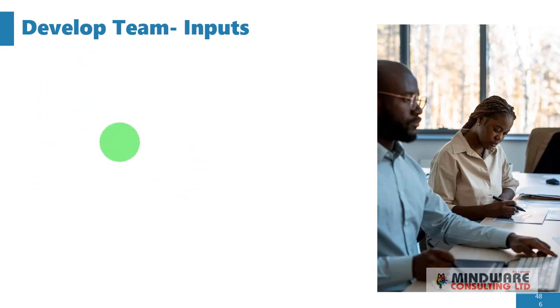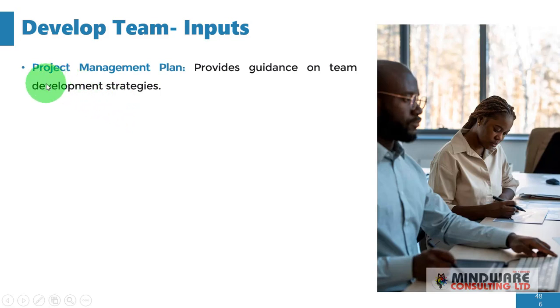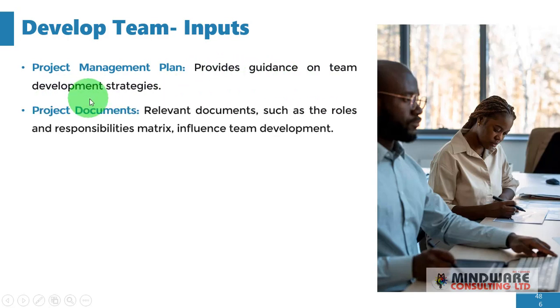Now, what are the inputs for this sub-process? First on the list is the project management plan. This provides guidance on team development strategies. Project documents. Relevant documents such as the roles and responsibilities matrix influence team development. So we've seen this before.